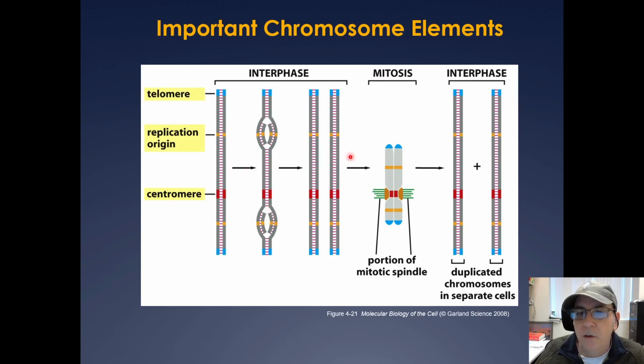Then the chromosomes condense and form these sister chromatids, and the mitotic spindle attaches to the centromere. Those get pulled apart during mitosis, and then you're left with your duplicated interphase chromosomes that are separated in the cells.